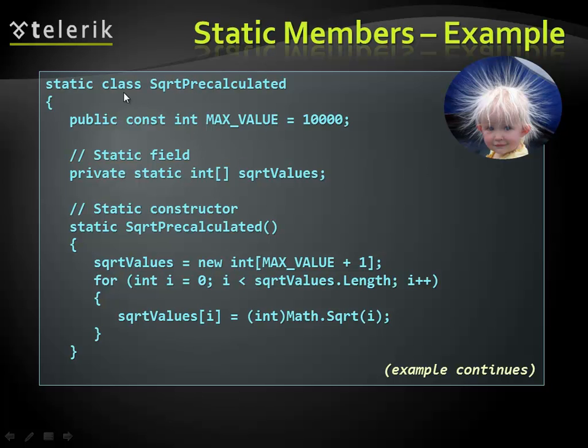So actually everything that we're dealing with here is not related to non-static members. And notice that the class itself is also static. That means it can have only static members inside it.